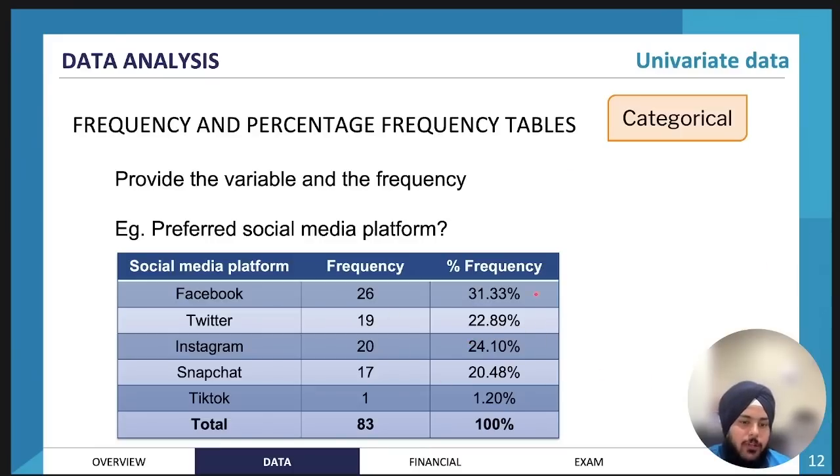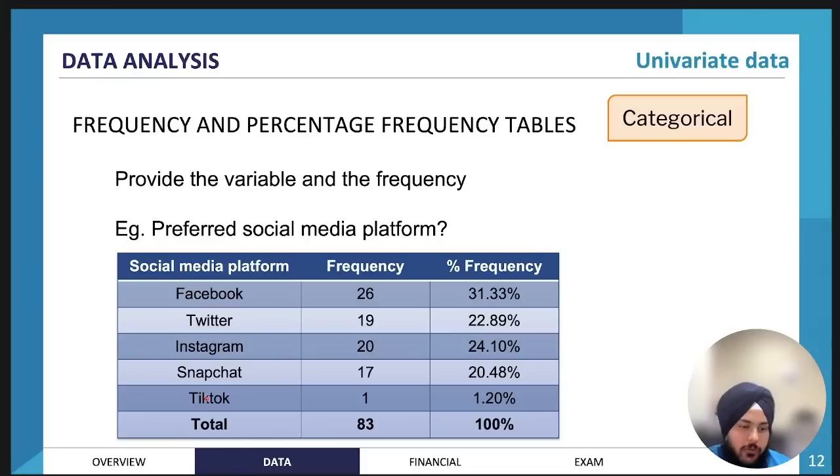This is really good for depicting data, as we can immediately see that Facebook has a really high frequency. Even for just a normal frequency table, we can easily tell that Facebook has a really high frequency.